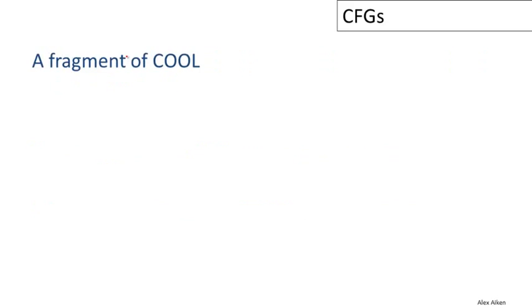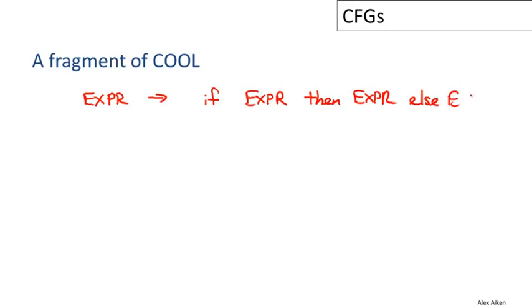With that in mind, let's write a context-free grammar for a fragment of COOL. So COOL expressions, we talked about these earlier, but one possibility for a COOL expression is that it's an if statement or an if expression. And recall that COOL if statements have 3 parts, and they end with the keyword fi, which is a little bit unusual.